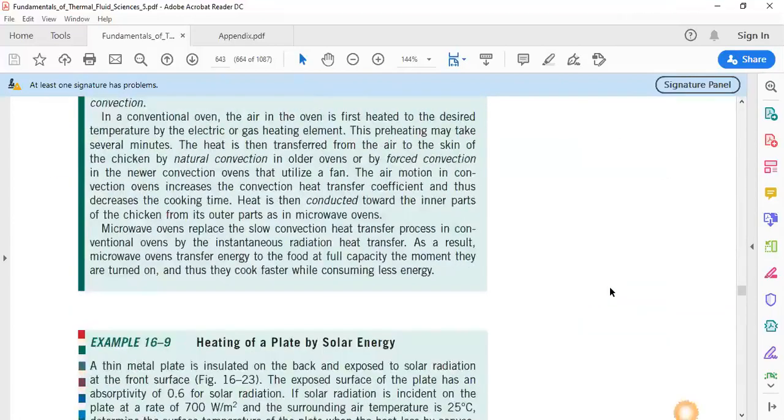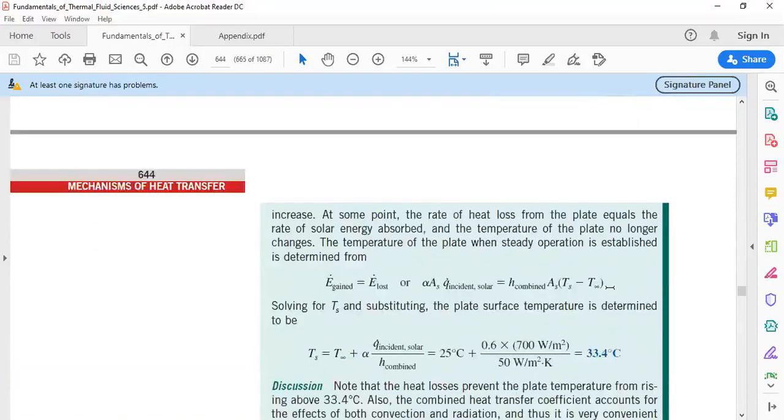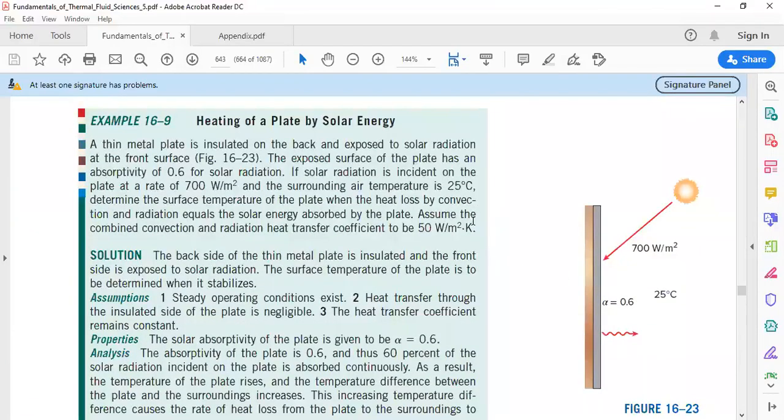Okay, so that's all, except we can probably check this example 69. It's an interesting example since it's for the incident radiation. A thin metal plate is insulated in the back and exposed to solar radiation at the front surface. The exposed surface has an absorptivity of 0.6 for solar radiation.